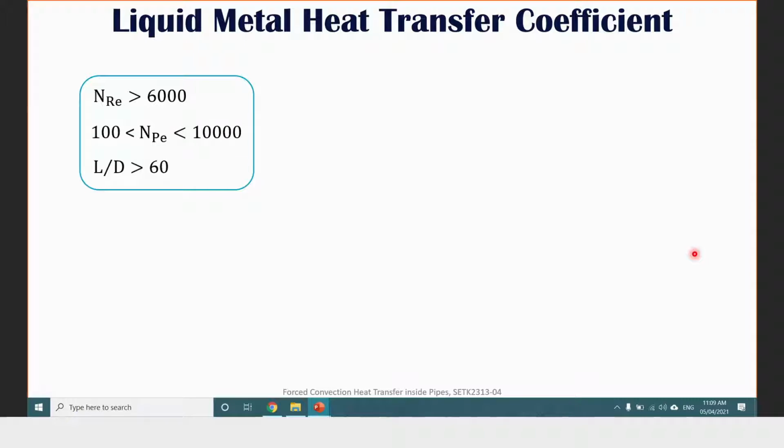Because if it's less than 60, as you remember from the previous slide, we will be experiencing the entrance region effect, so the profile is not fully developed yet.